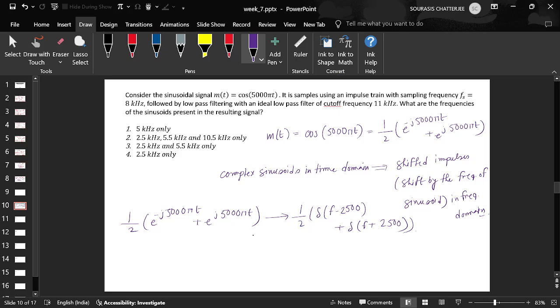I hope this part is clear to you. So if I am to draw the spectrum of message signal m(t), which is given as M(f), it consists of two spikes of amplitude half, at 2.5 kilohertz and minus 2.5 kilohertz.